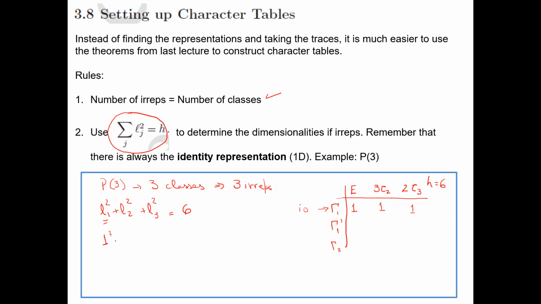So this is 1 squared plus L2 squared plus L3 squared, and it is equal to 6. You can see that the only solution to this is L2 equals 1 and L3 equals 2. So in most cases, by inspection and by guessing, you'll be able to find the dimensionalities of the representations. So this is a 1D representation also, and this is a 2D representation.